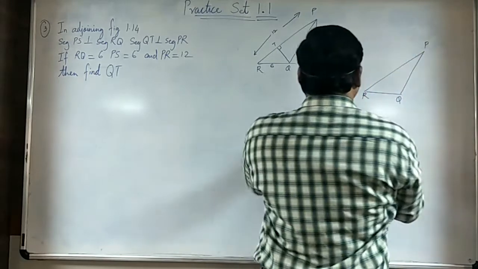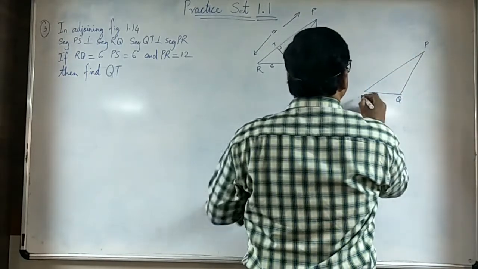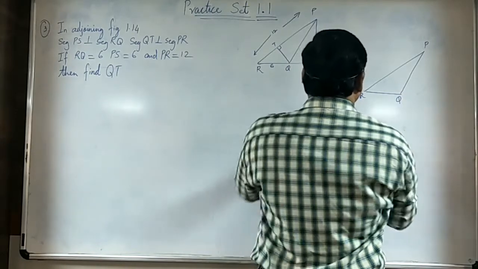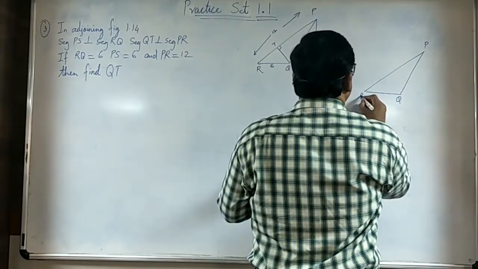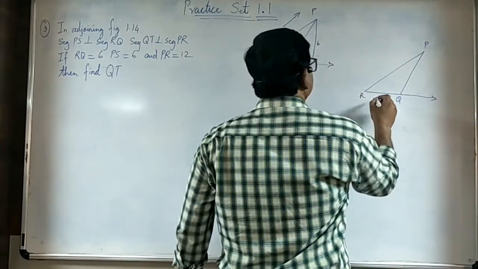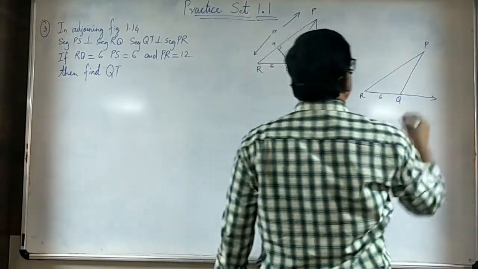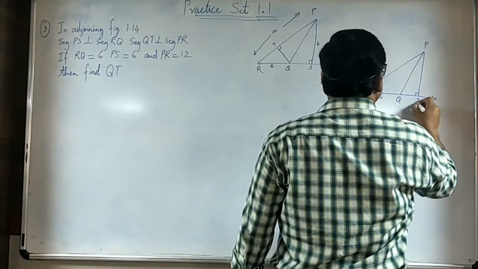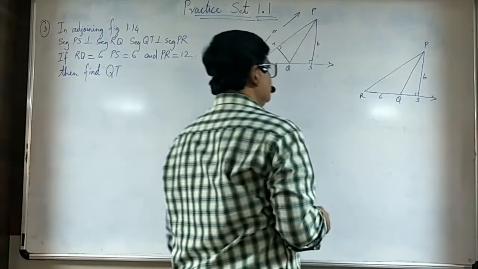Yes. Now in this triangle RQP, RQ is 6, and there is a perpendicular height drawn, which is PS, and that has been given as 6.